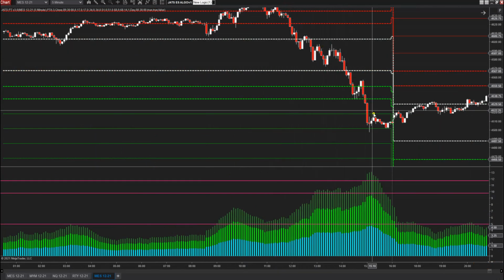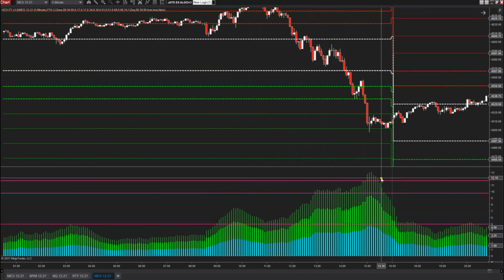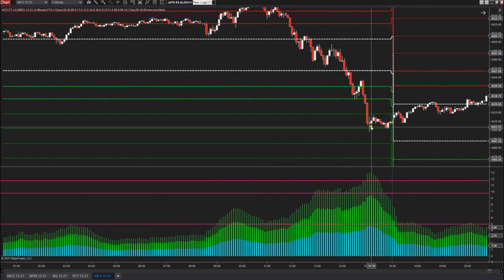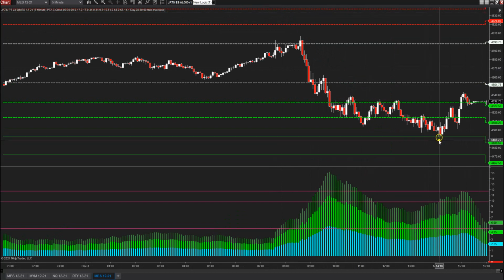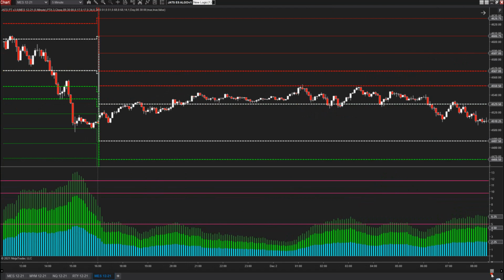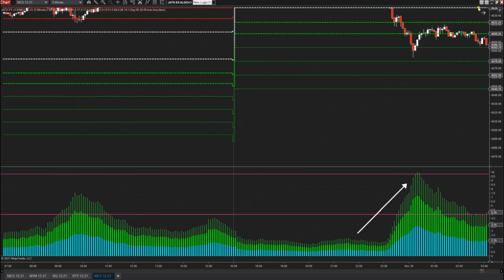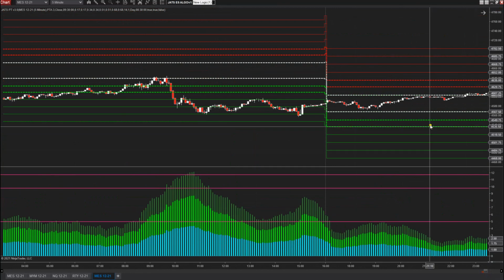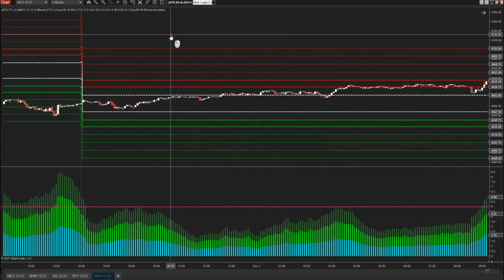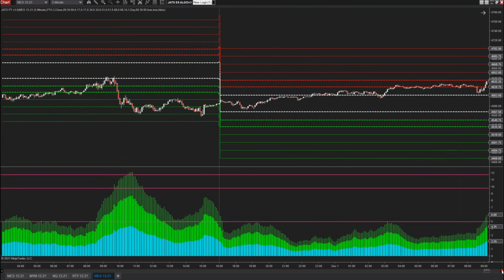This is a nice, healthy range expansion walking out to the target. But if you get to the upside of the distribution, you can absolutely, let's see if we can find one that left the upside real quick.